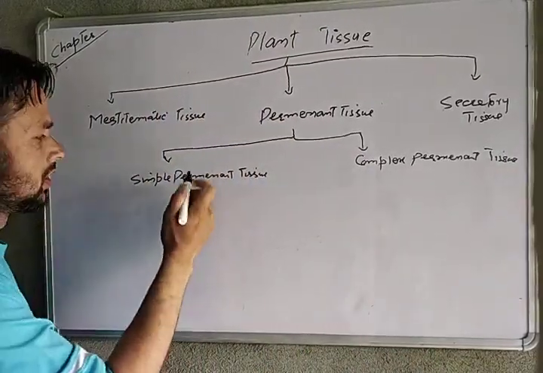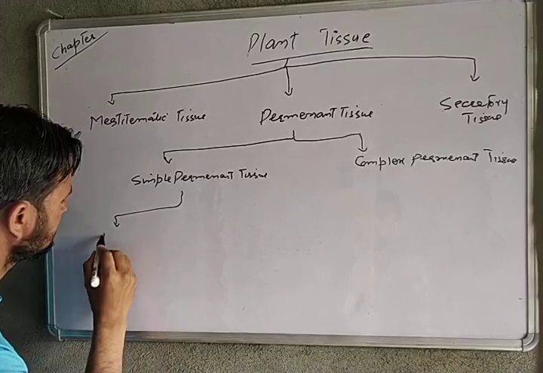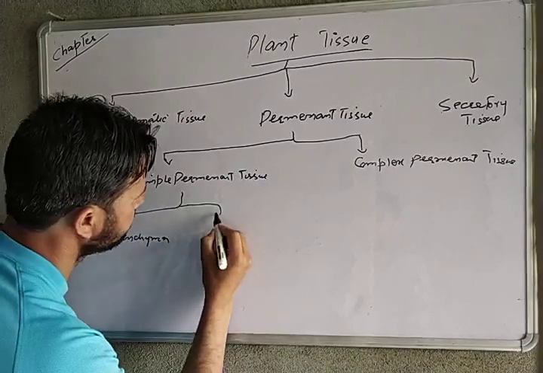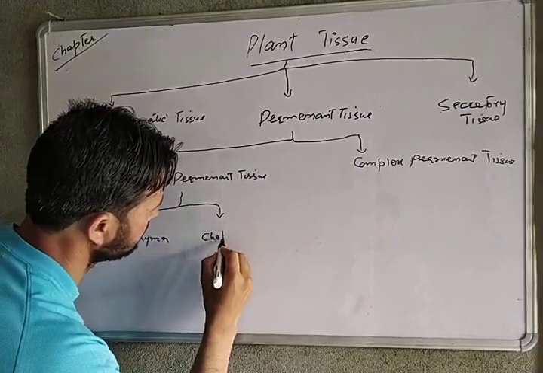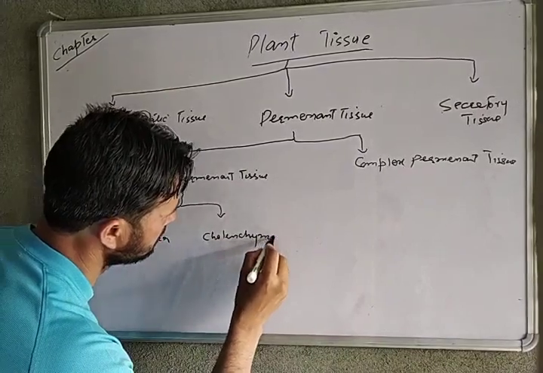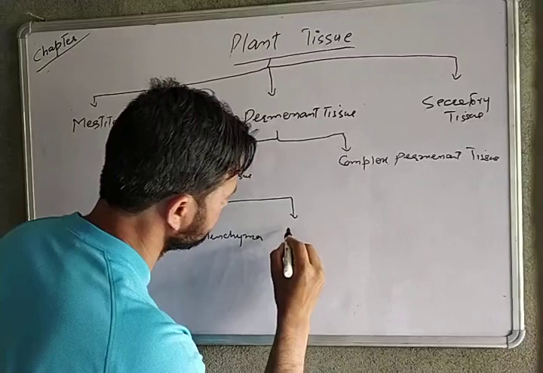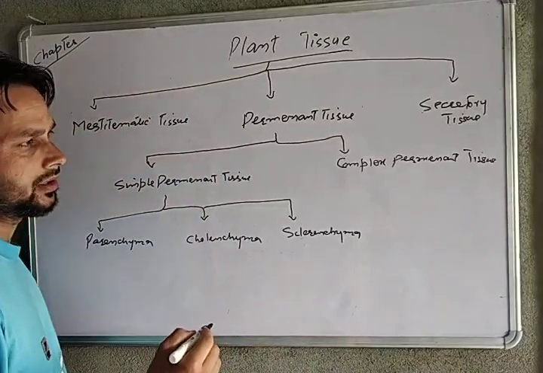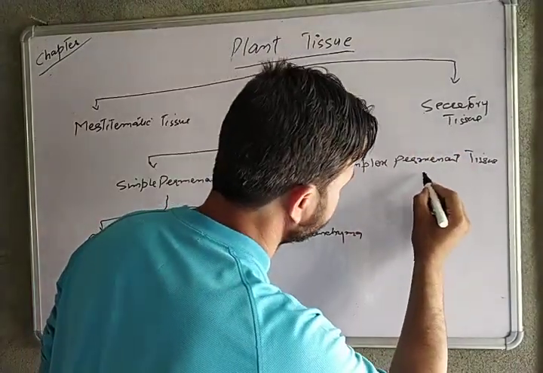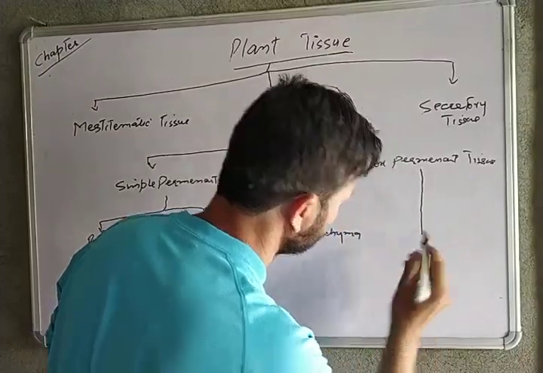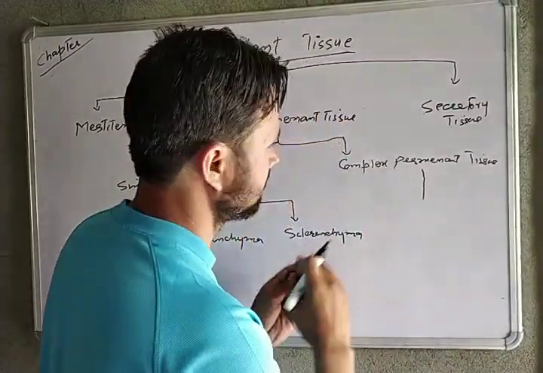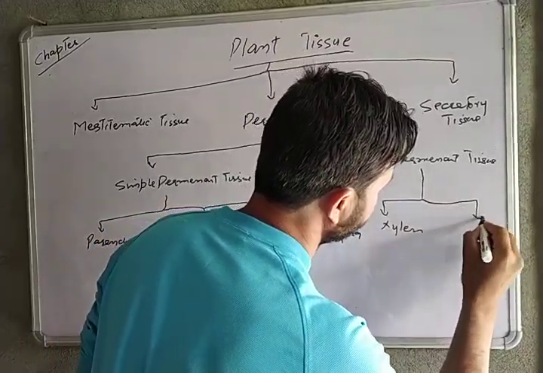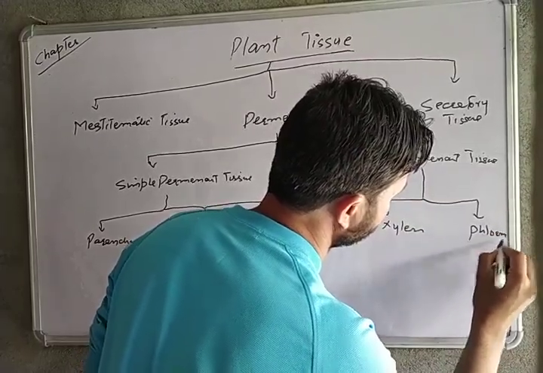And this simple permanent tissue further has parenchyma, collenchyma, and sclerenchyma, and the complex tissue has xylem and phloem.